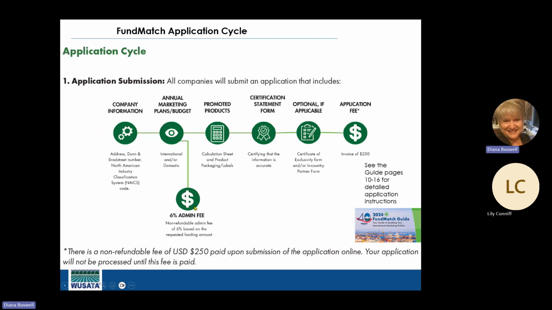And remember that there's a 6% admin fee for your funding. Promoted products, the certification statement form is there as well. And you may have to include certificates of exclusivity if that applies to your company. And the application fee, which is $250.